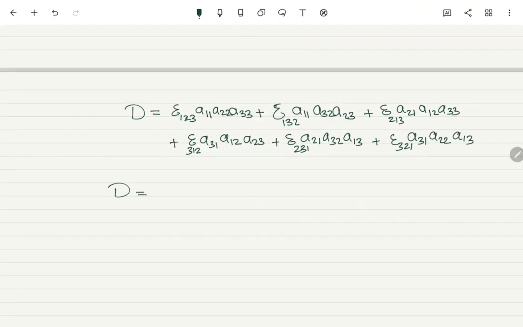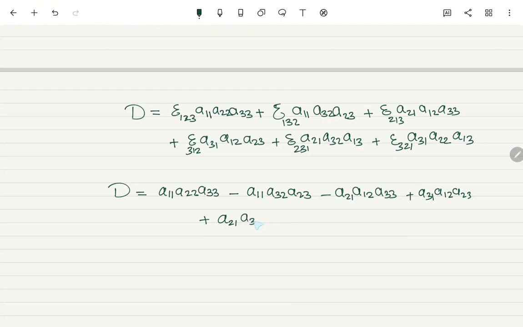D after all will be equal to a11 a22 a33, and this one is positive 1 because it's an even permutation, minus a11 a32 a23, minus a21 a12 a33, plus a31 a12 a23, plus a21 a32 a13, minus a31 a22 a13.